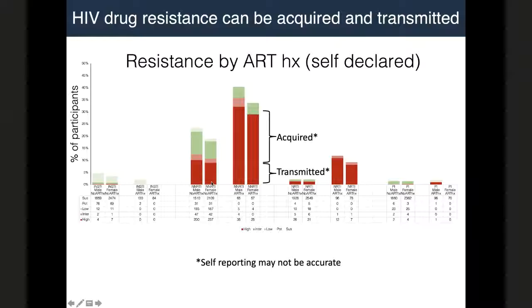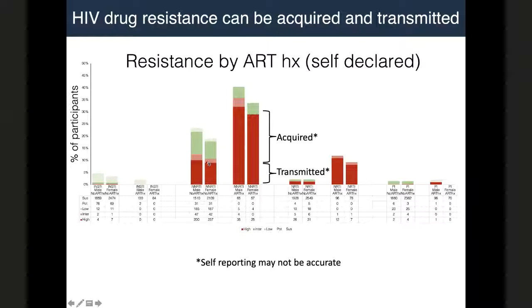I'm only looking at individuals that have answered the question here, and the bars that are coloured red and pinky red are those viruses that we would call resistant. You can see much higher levels of drug resistance reported in those individuals that claim that they've had antiretroviral therapy in the past.